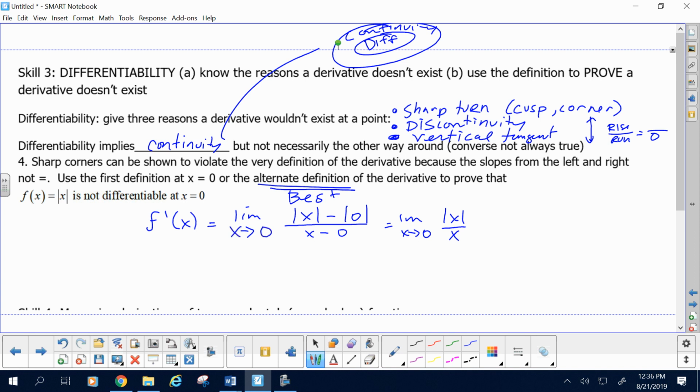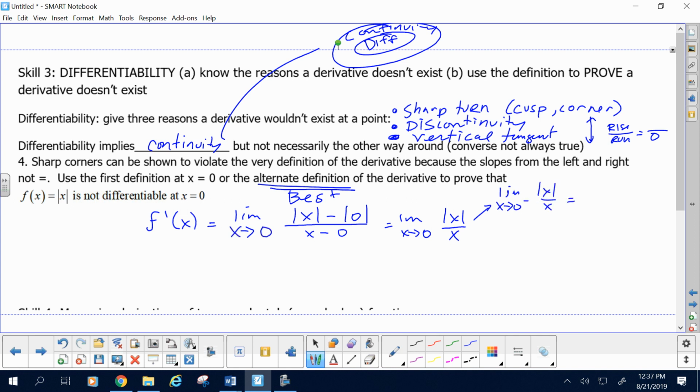But it's a bit of a pickle because you get 0 over 0 and you can't do algebra. So how do you approach that? What's the method to finding this limit? Say what? Yep, absolutely. So you have to go one-sided limits.